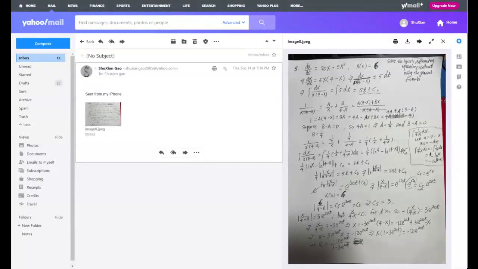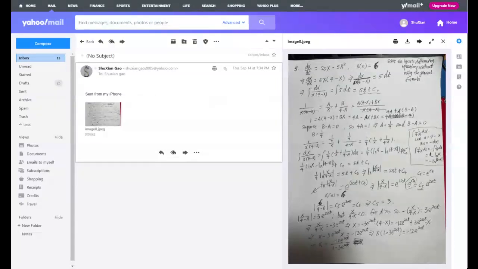Then I divide both sides by x times (4 minus x), so we get dx over x(4 - x) equals 5 dt. I integrate both sides: the integral of dx over x(4 - x) equals the integral of 5 dt, and the integral of 5 dt is 5t plus c1.